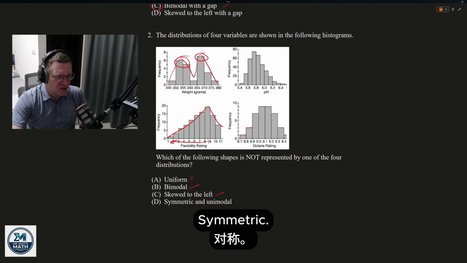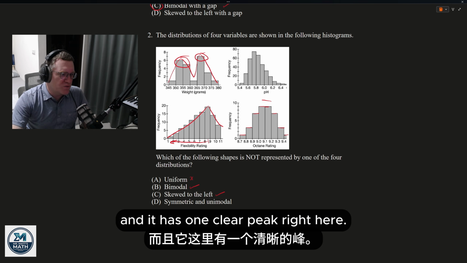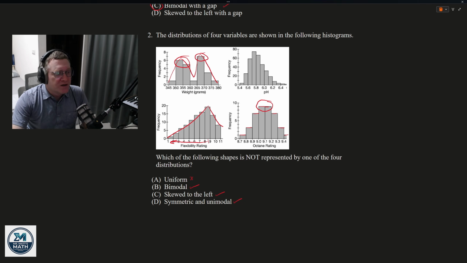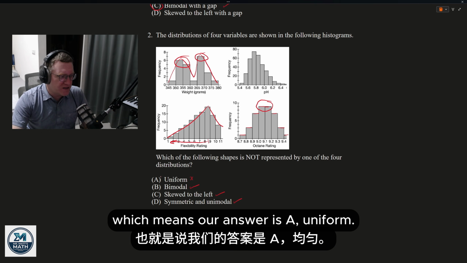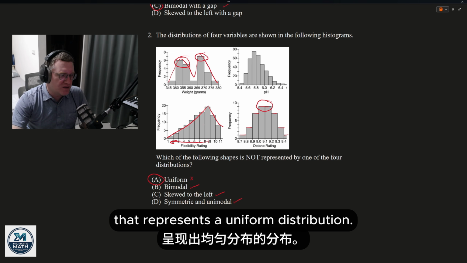Symmetric, this side are both the same on either side. And it has one clear peak right here. So this would be symmetric and unimodal data. So which means our answer is A, uniform. All right, so there is no distribution here that represents a uniform distribution.